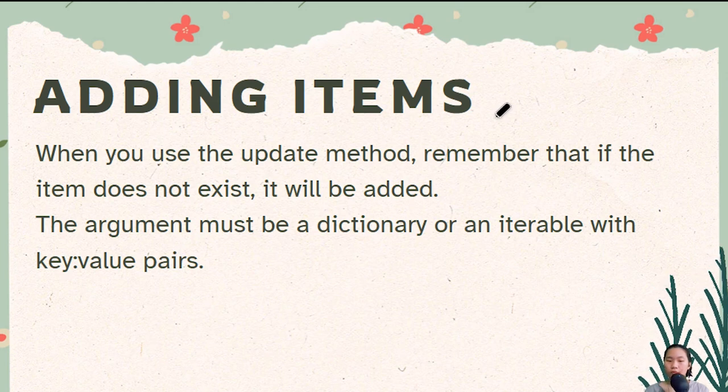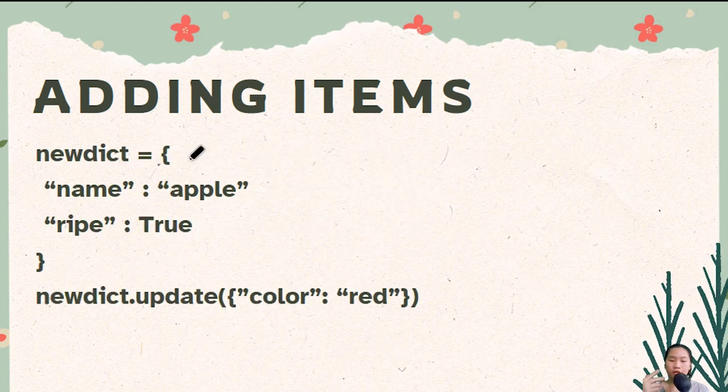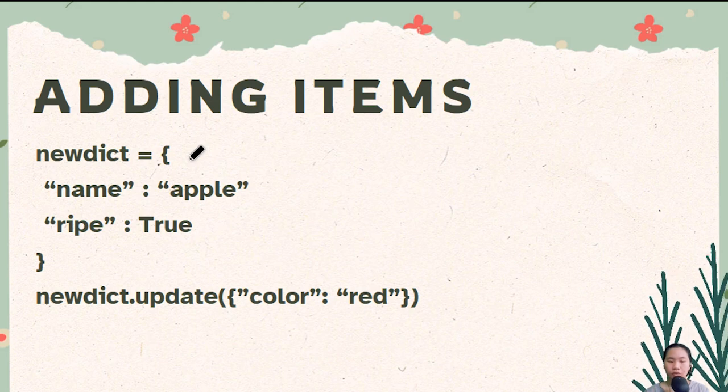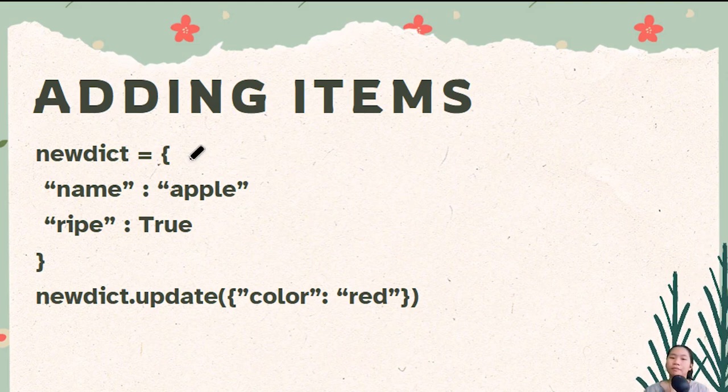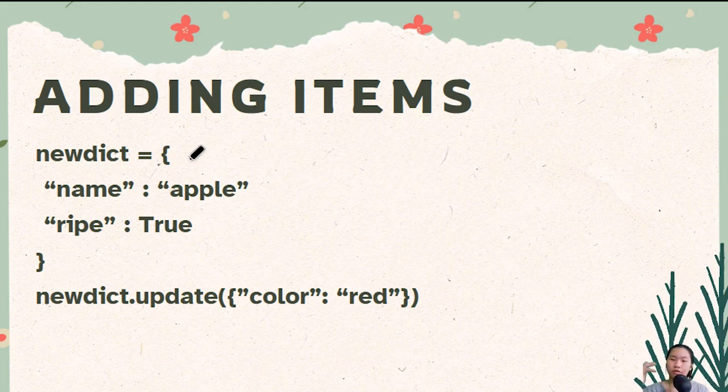Now, the argument must be a dictionary or an iterable with the key value pairs format. All right. So here's an example. I have new dictionary again with the name apple and ripe being true. Now, if you update color and red key and value pair format, and there are no color keys, that will be your new thing. However, if there are, then it's just simply change the value of color to red.